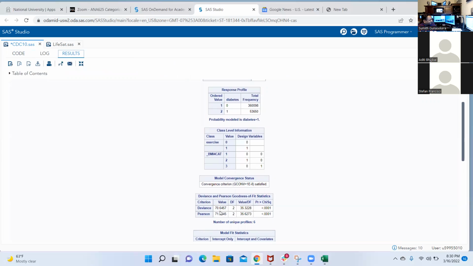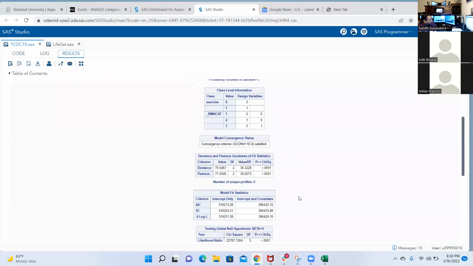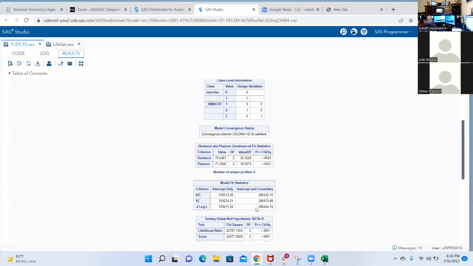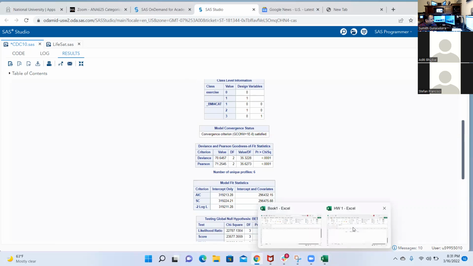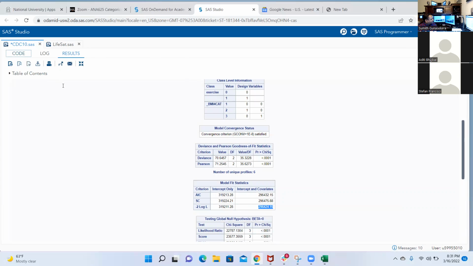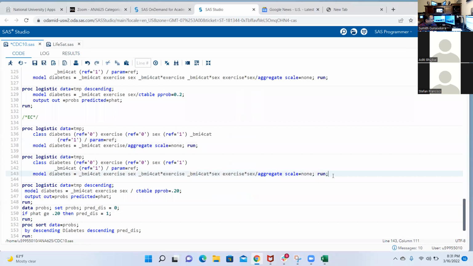Your deviance is 70. Go to the log values and see how much you have: 29 to 90, 29. But this one is 70. Now go to the code again. Put back the variable you took out, and do the interaction only between two of them, BMI for cat and exercise only.